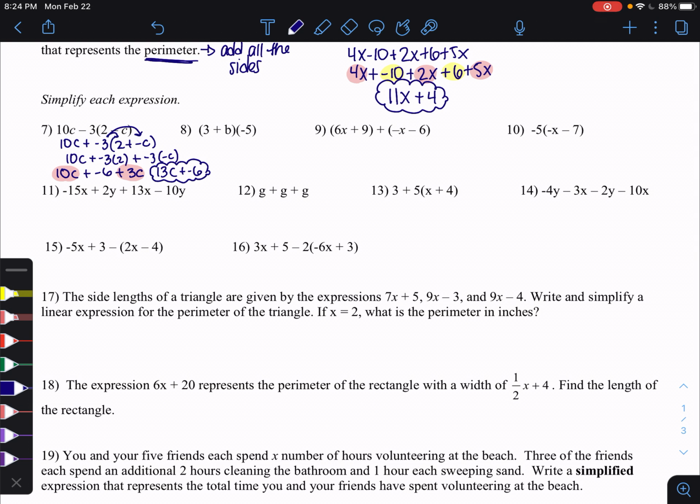So I'm going to write this as 6x plus 9 plus negative x plus negative 6. I have 6x and negative x. 6x plus negative 1x is 5x. And then 9 plus negative 6 is going to be 3, so plus 3.